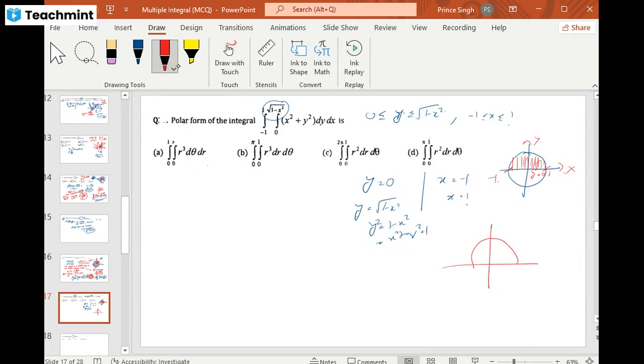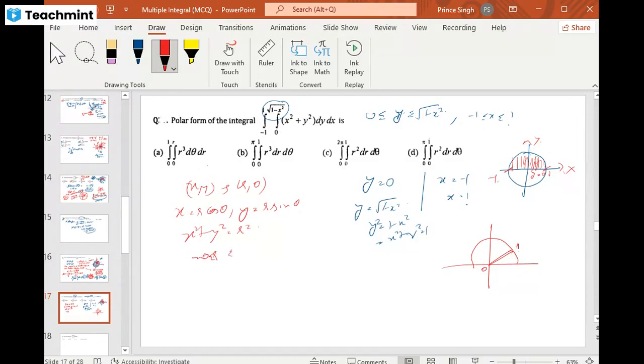So when we convert it into polar form, we are going to transform xy to r theta using the transformation x equal to r cos theta, y equal to r sin theta, x square plus y square equal to r square. So what is the limit of r? Because the radius of the circle is 1, the value of r varies from 0 to 1.